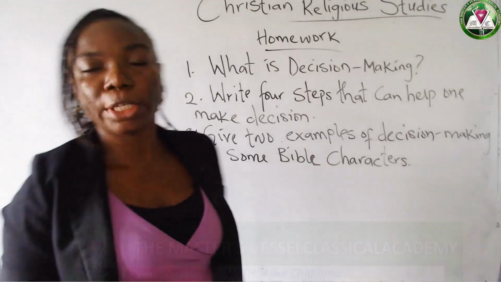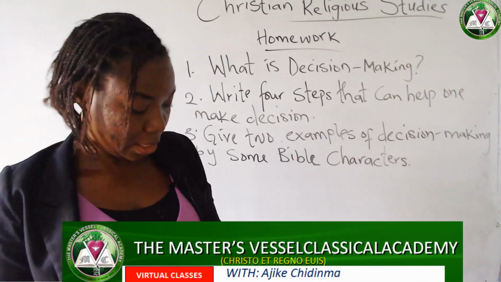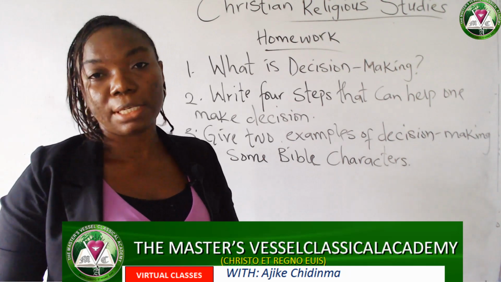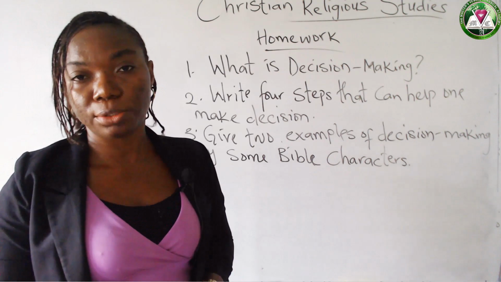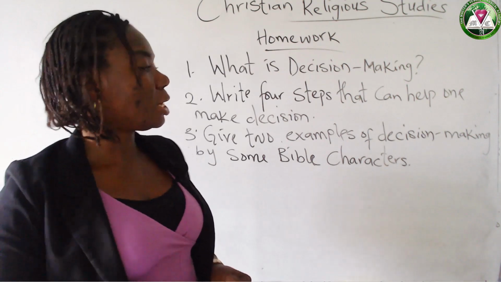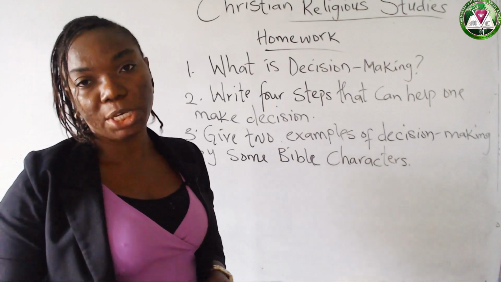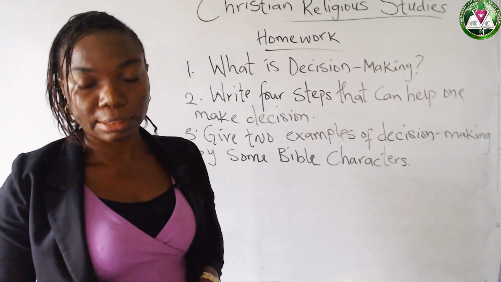Now, one of the homework is, what is decision making? Number 2, write 4 steps that can help one make decisions. Number 3 is, give 2 examples of decision making by some Bible characters.